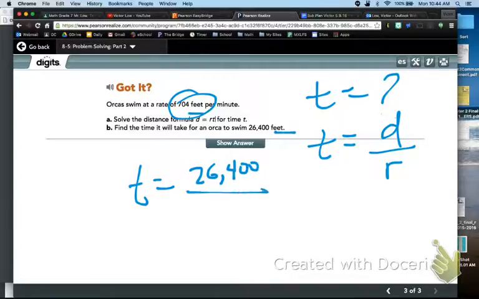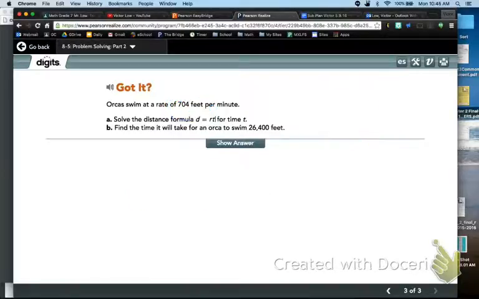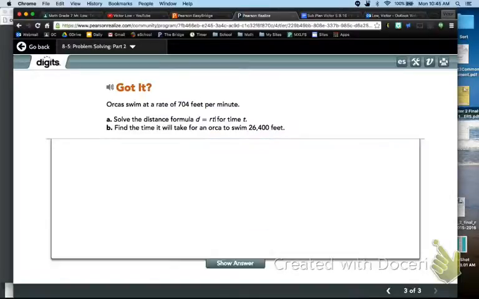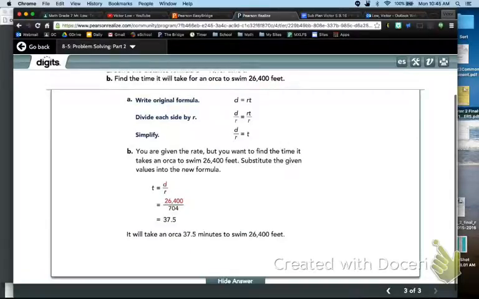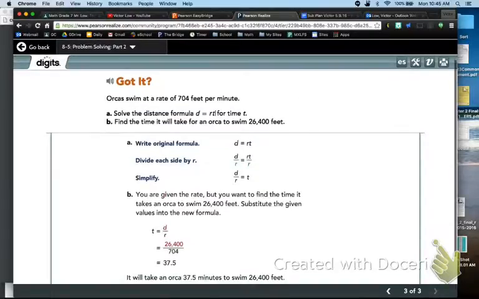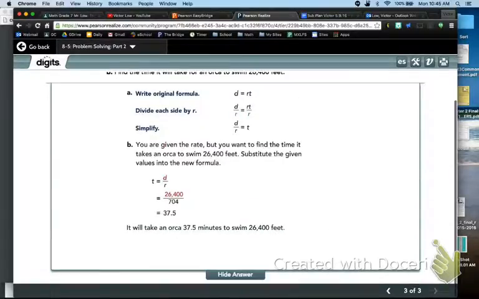That's good. Plug that into your calculator, and you should get the answer that's shown right here, and that is 37.5 minutes, because we're talking about minutes here. I don't think we have to do any conversion here, because it's per minute. So that is part 2 in the wraps.